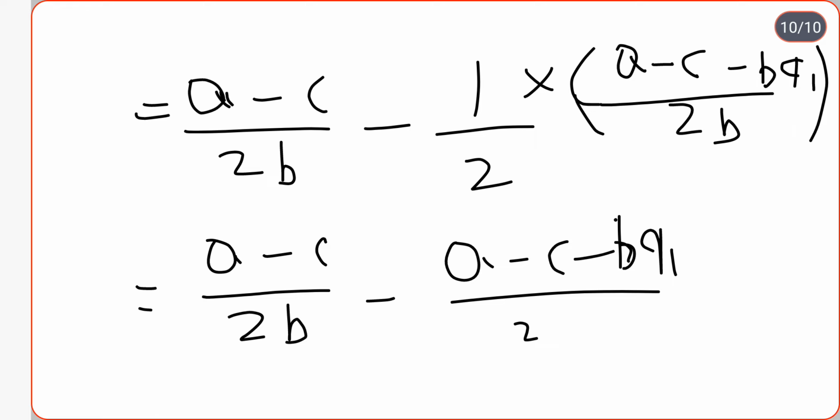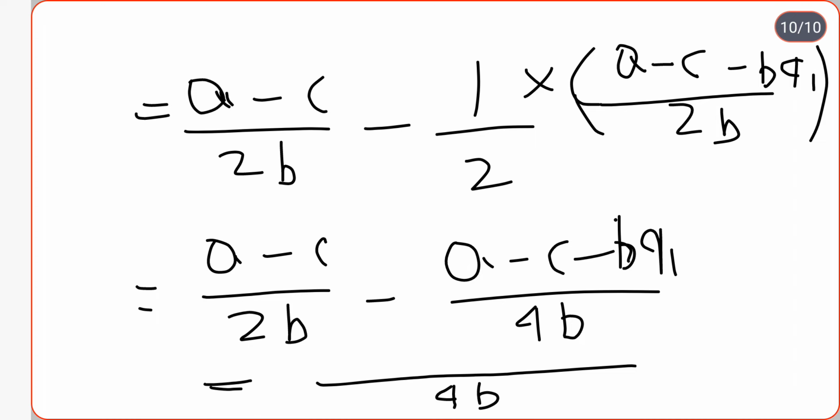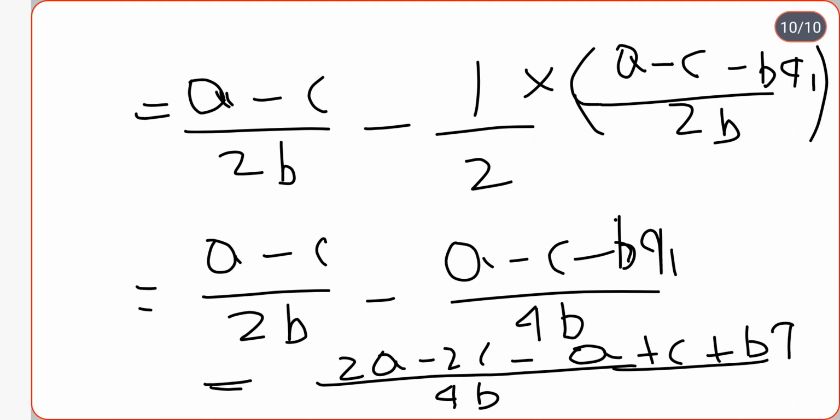Multiplied by 1 by 2 means it becomes 1 by 2 times 2B, so it becomes 4B. If we do the calculation here, the LCM of 4B and 2B will be 4B. From here we get 2A minus 2C minus A plus C plus BQ1.